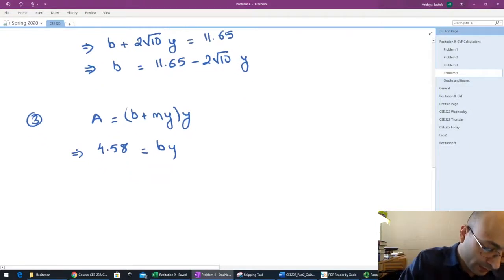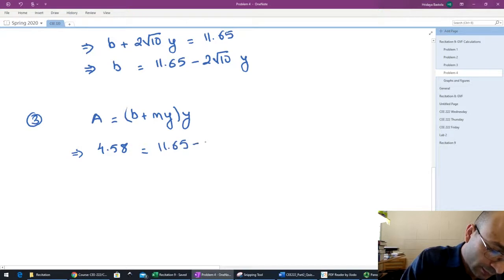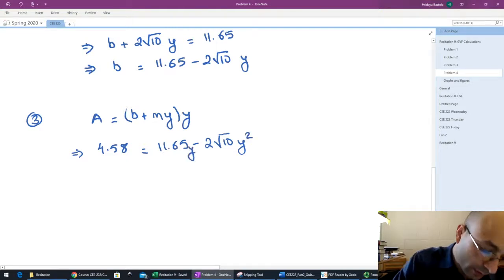Now we can move into the cross-sectional area expression. Cross-sectional area is 4.58 equals B y plus m y squared. So we can just express B in terms of y using the previous equation: 11.65 minus 2 square root 10 times y, times y, plus m is 3, y squared.